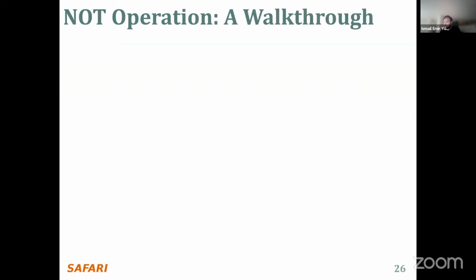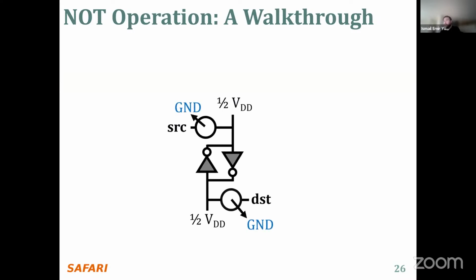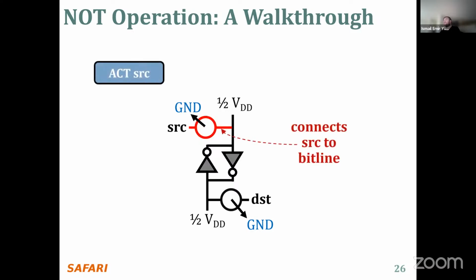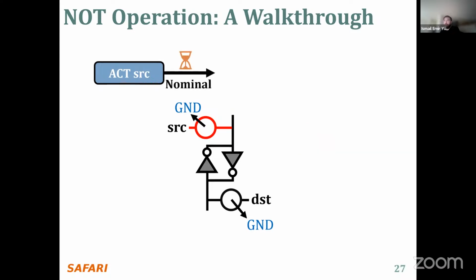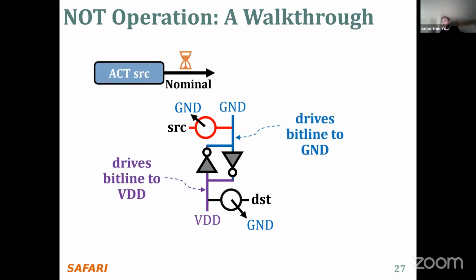Now take a look at how we perform this at a lower abstraction level. Again we have two cells, source and destination, and assume that they have ground in the beginning and bitlines are precharged, which are VDD over 2. Now we first issue activate source, which will connect source to the bitline. And then we wait for the nominal timing parameter tRAS, which will drive the bitline to ground and drive bitline bar to VDD.